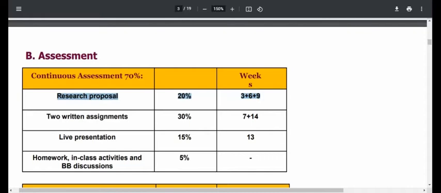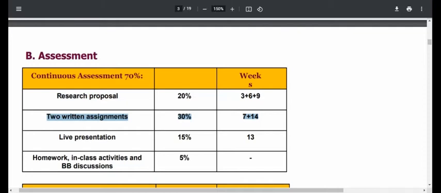It's basically the portfolio that you submitted last year in year 1 English or last semester, but it's been adapted for year 2 and the research you do there. You will also have 2 written assignments that are 30% of your grade in weeks 7 and 14.